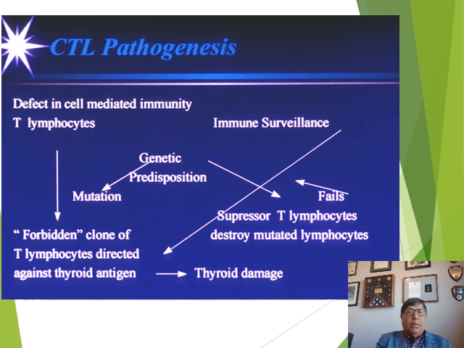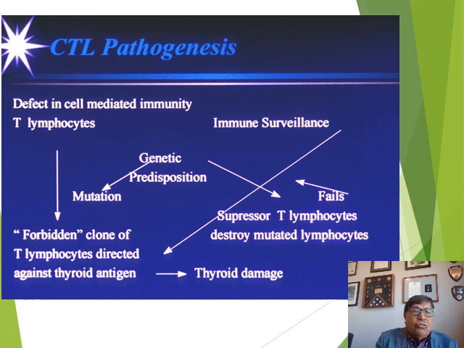One easy way to remember autoimmune thyroiditis or lymphocytic thyroiditis is the problem with the T lymphocyte. On the other hand, when I talk to you about Graves' disease, I'll tell you it is more a problem with the B lymphocyte. So T cell and B cell.